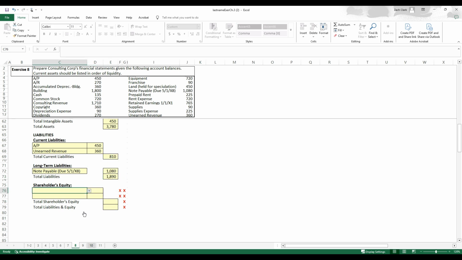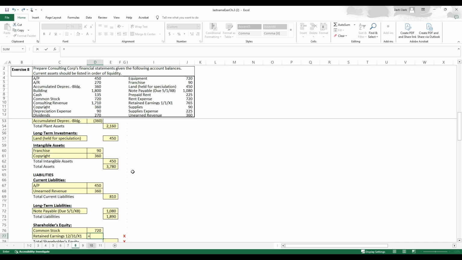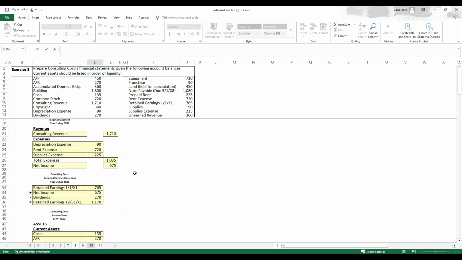And then we've got, remember, common stock and retained earnings is going to be in our shareholders' equity section. Ending balance of retained earnings, remember. So common stock we have as 720. And then that's from our listing, but the retained earnings portion is going to come off of our retained earnings statement here.